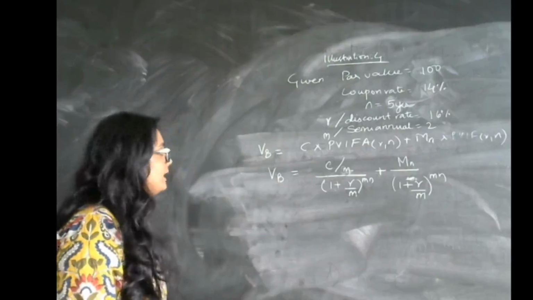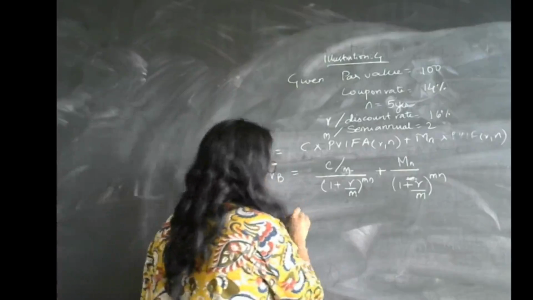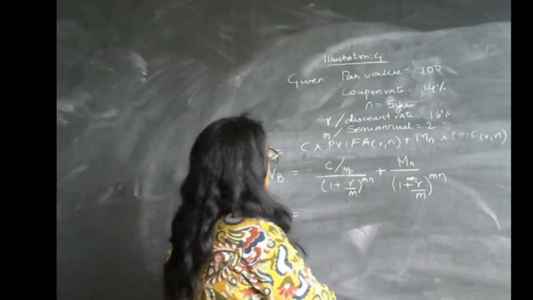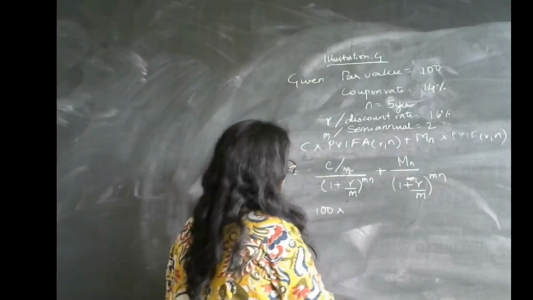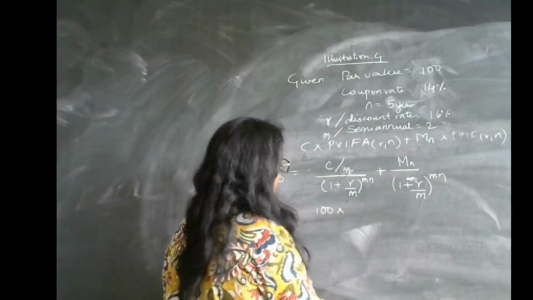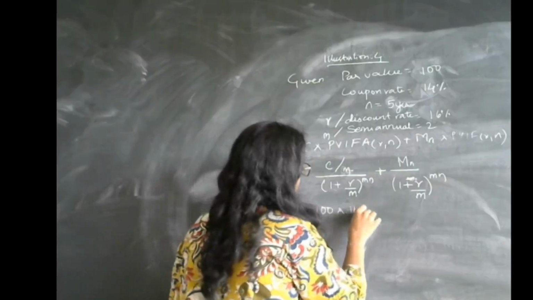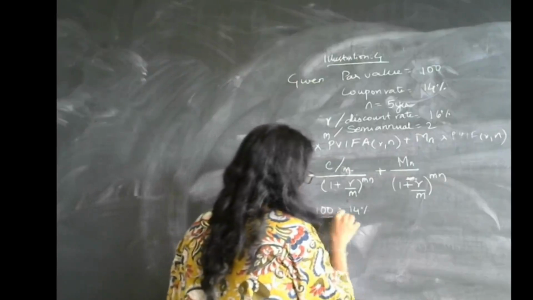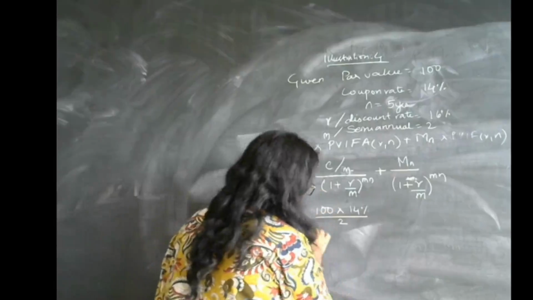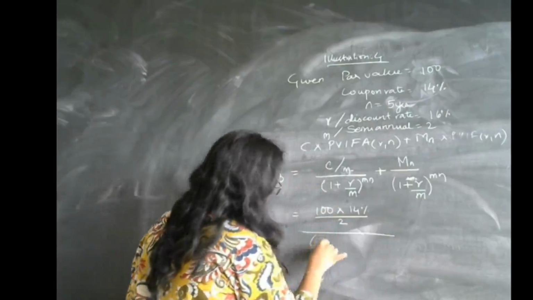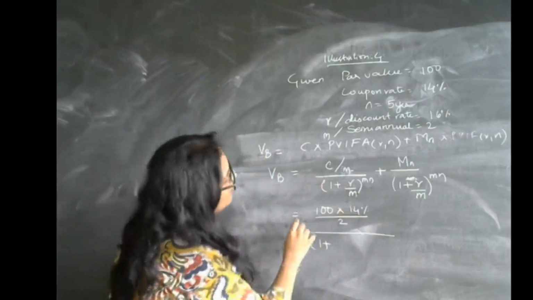Now let us move ahead. So C divided by M. What is the C over here? C is calculated on the face value or the par value, which is 100, multiplied by the coupon interest rate, which is 14%, the whole divided by 2. Now all of this will be divided by 1 plus R. R is how much?